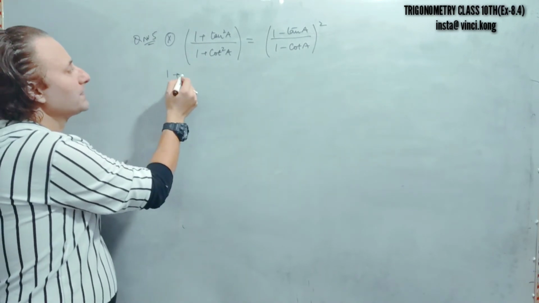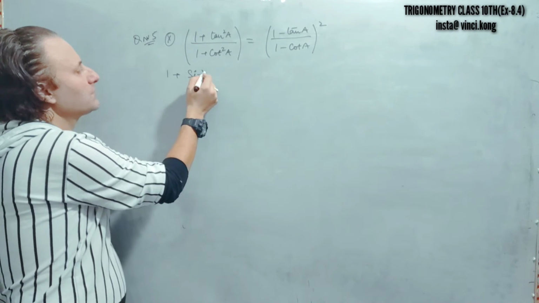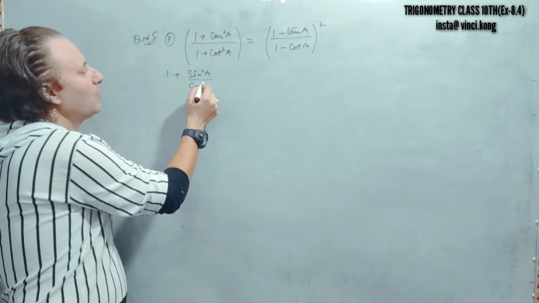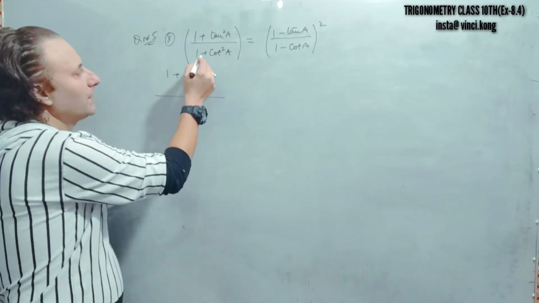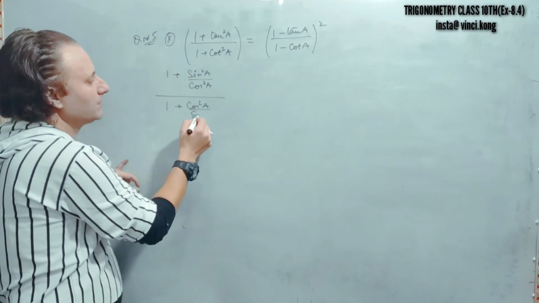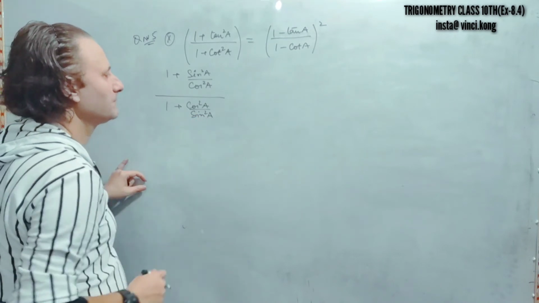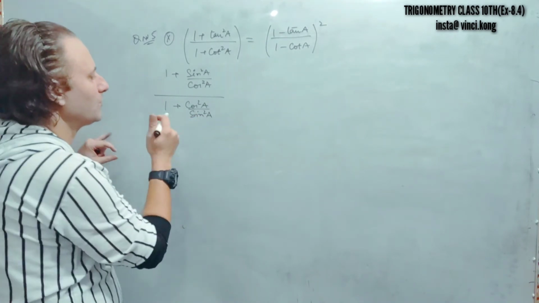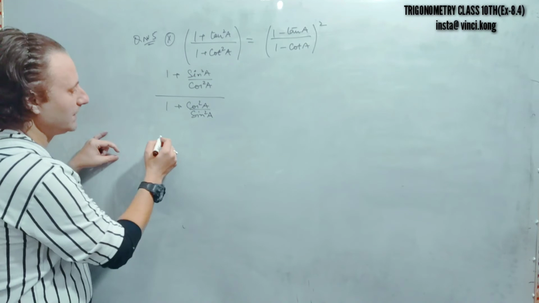So 1 plus tan square means 1 plus sine square A upon cos square A, whole divided by 1 plus cos square A upon sine square A. Obviously cot A is cos upon sine. So now take the LCM.